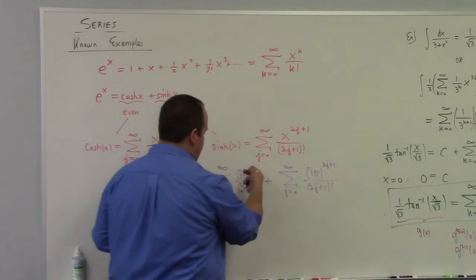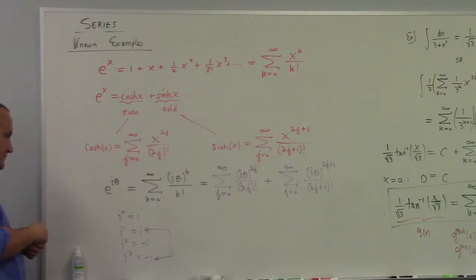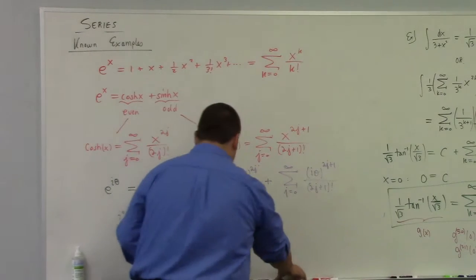So what's the deal with i to the 2j power? Can you simplify that?